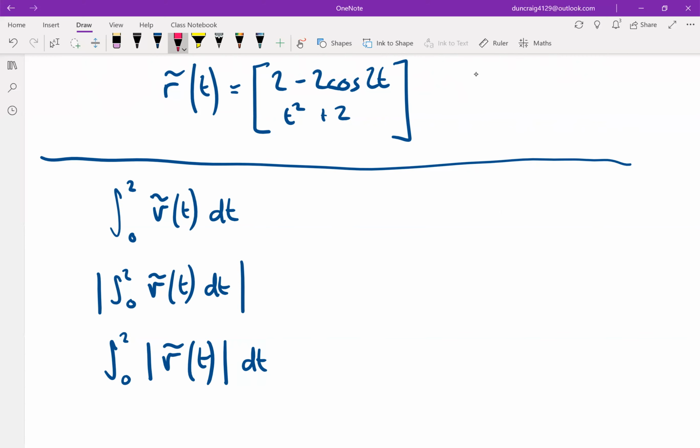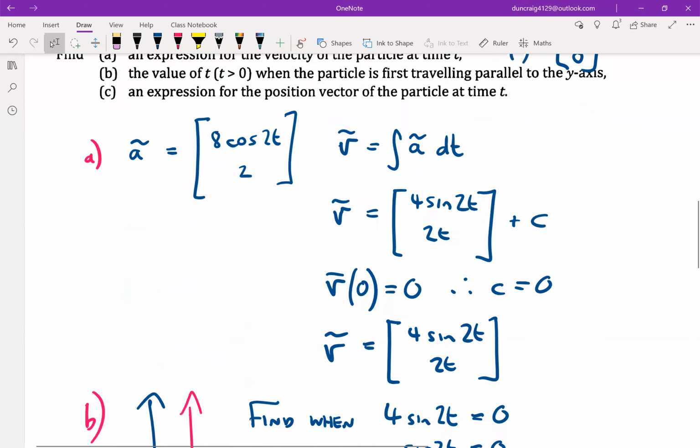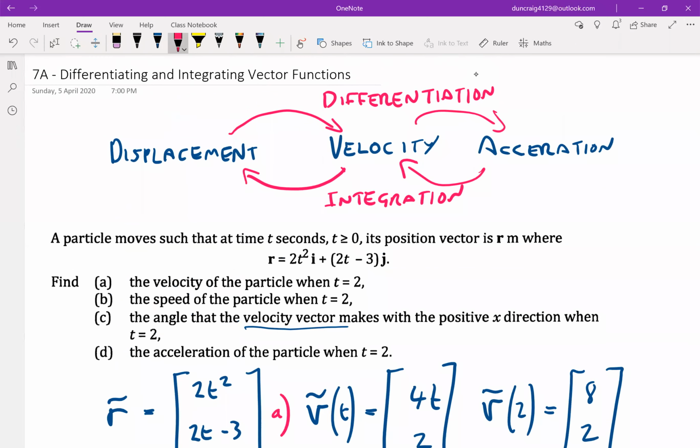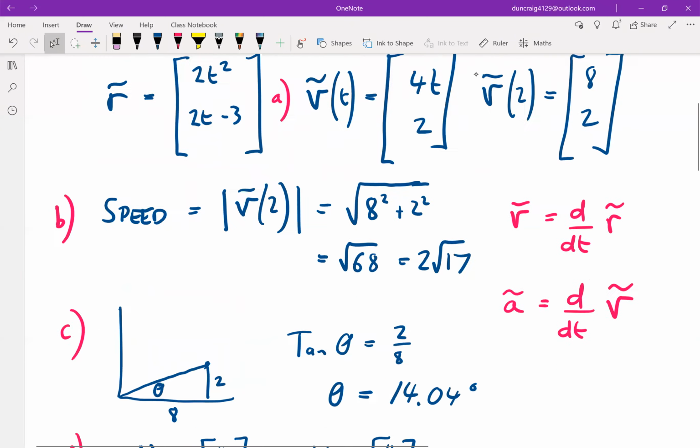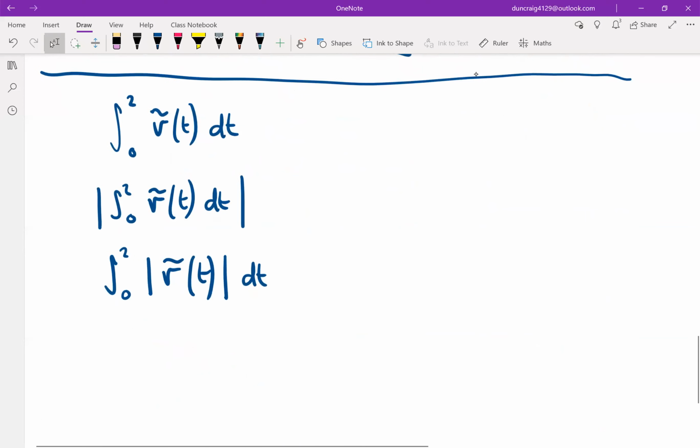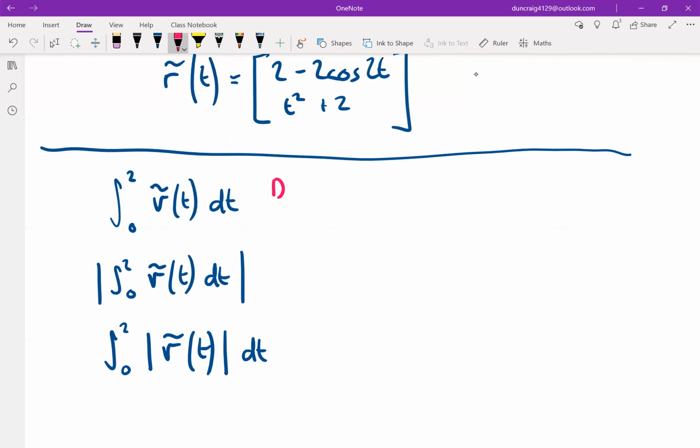Initially we said that when we just do a basic integration of velocity, it will just give us the displacement, from t equal to 0 to t equal to 2.